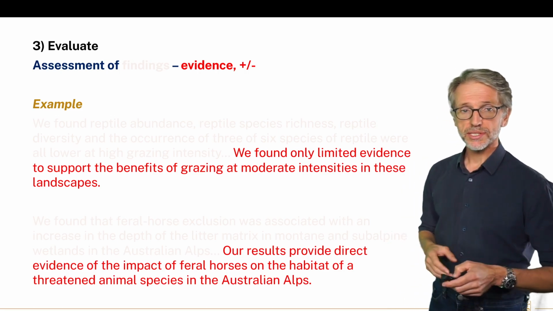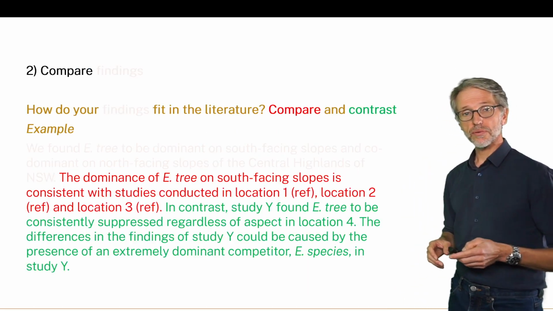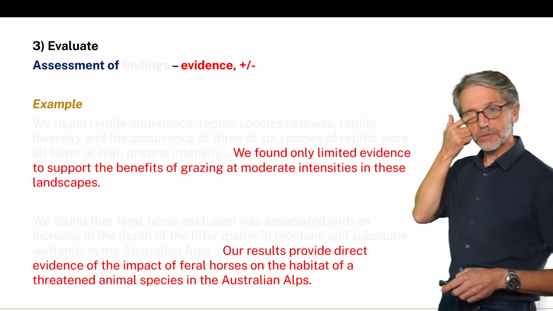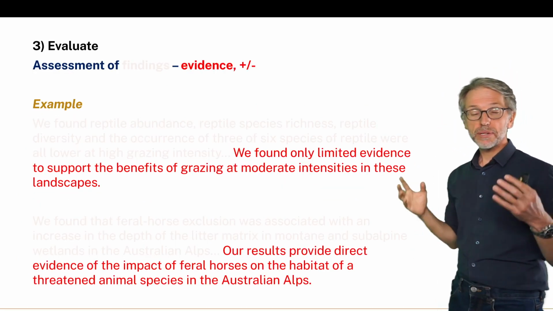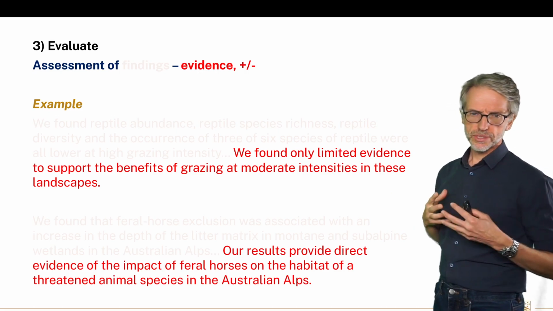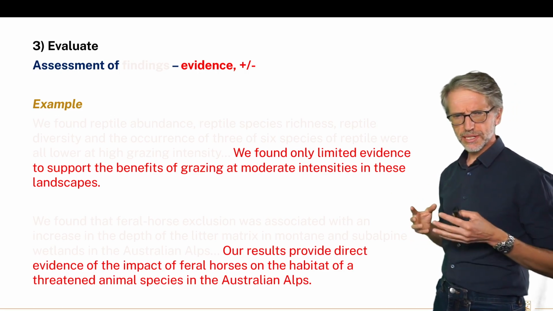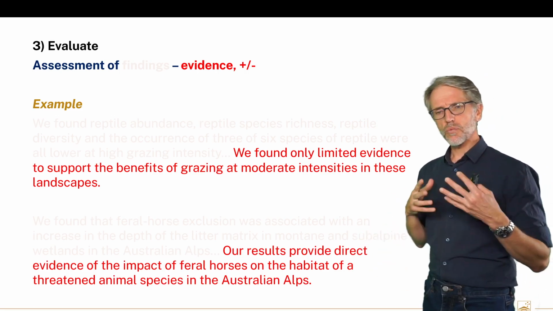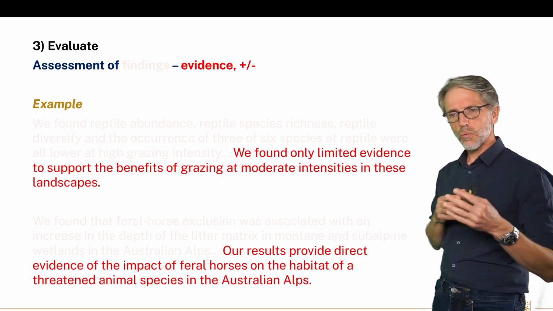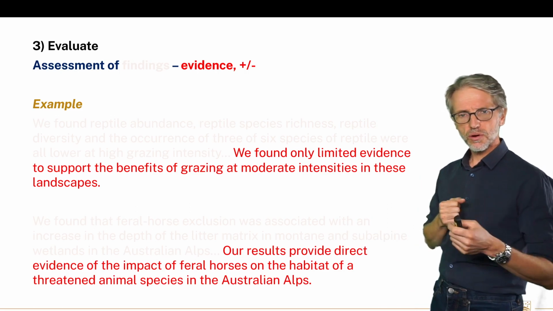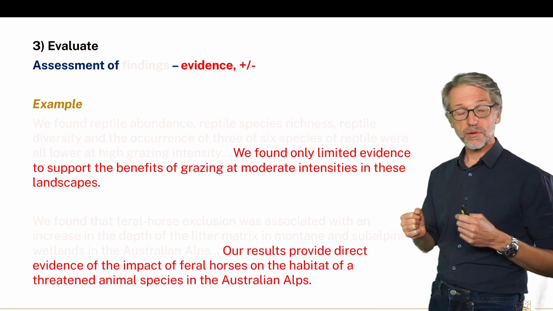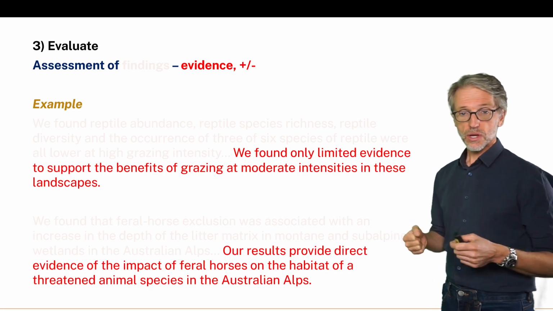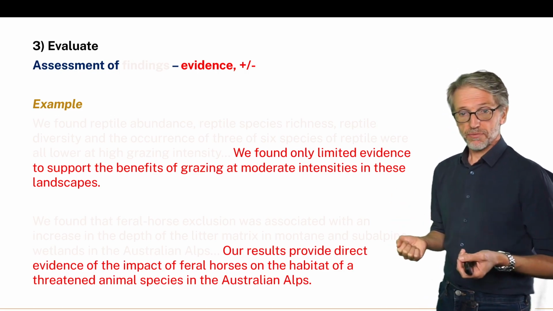And last, we might seek to evaluate. So we've got explaining, comparing and evaluating our results. Now, particularly if we have results that offer limited evidence or very strong evidence, we might want to state whether there are strong or weak results, and if there are strong results, what evidence does that provide?